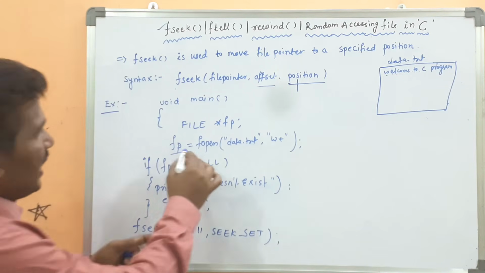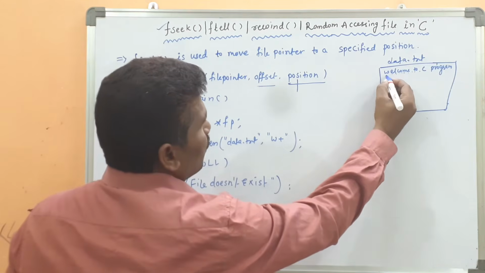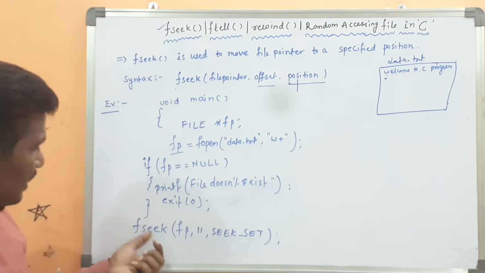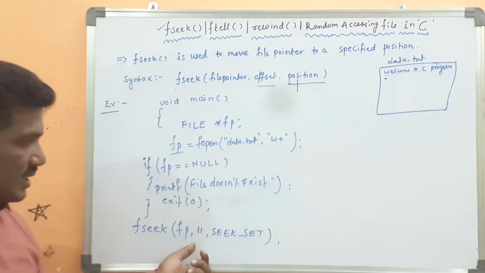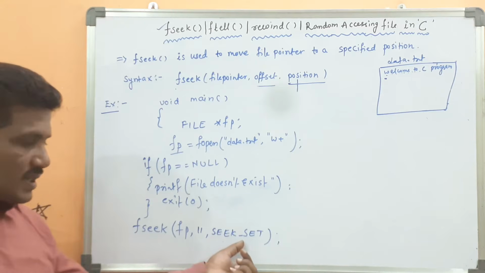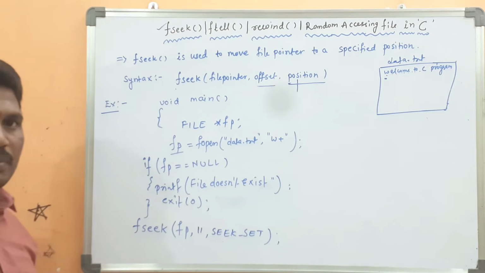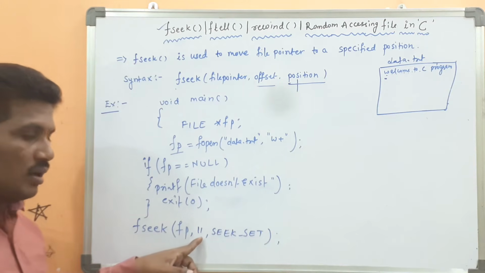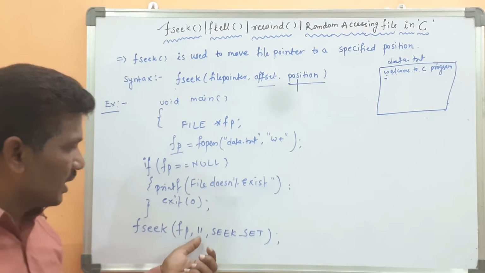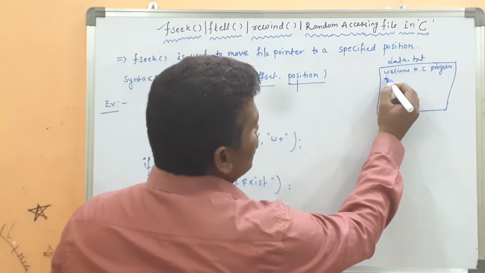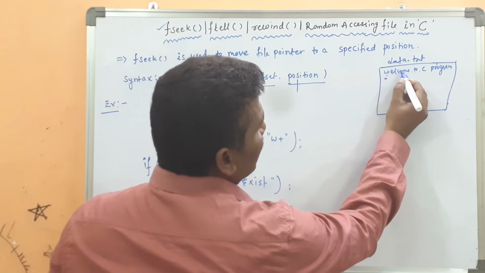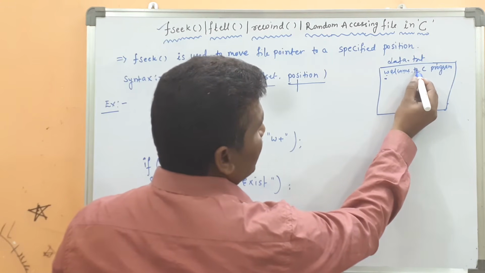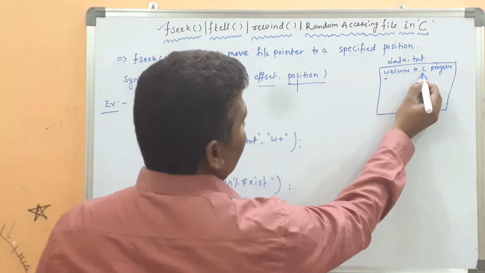Now the file has opened. Generally the file pointer is at the starting of your file. Then we are setting the file pointer. SEEK_SET starts from the beginning of the file and moves in a forward direction. How many bytes can it move forward? 11 bytes. Here 0, 1, 2, 3, 4, 5, 6, space is also considered, 7, 8, 9, 10, 11.